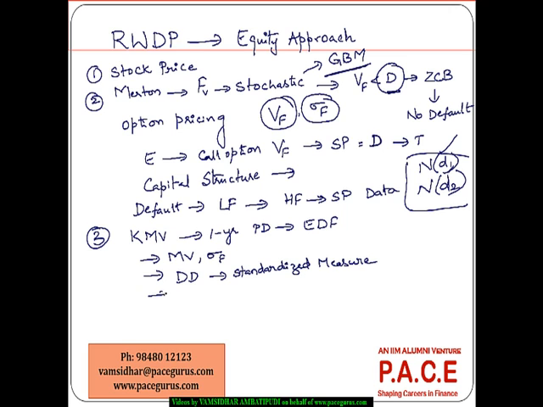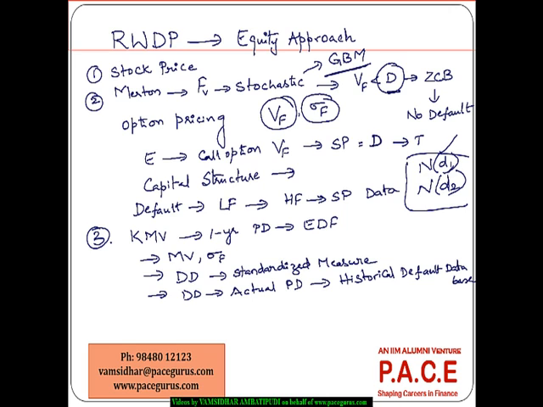Now you make sure that you are scaling the distance to default to the actual probability of default using a historical default database. So you are looking at the different companies that have defaulted in the past. You see what was their distance to default when they defaulted. Try to map the number of companies with the distance to default.